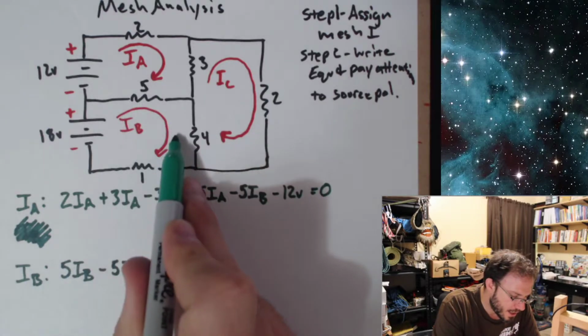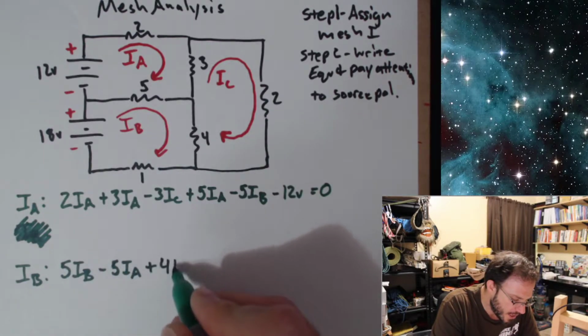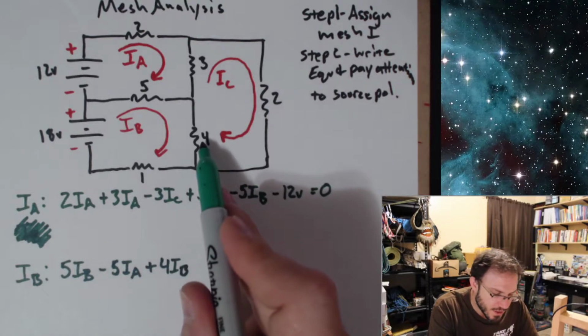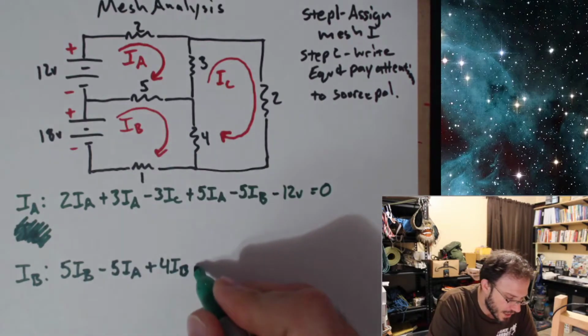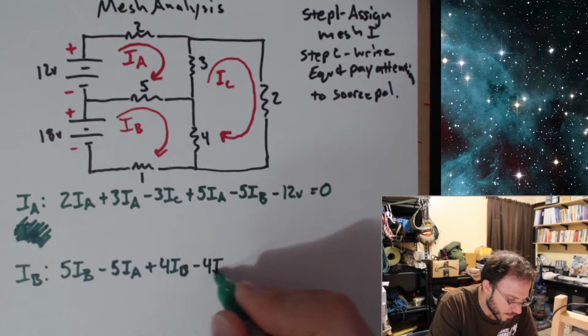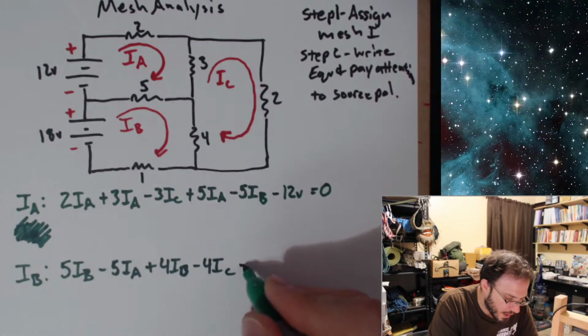Keep following IB around. We now hit the 4 ohm resistor, so plus 4IB. IC is also involved. It's going in an opposite direction of IB, so minus 4IC. Keep going around. We get plus 1IB.